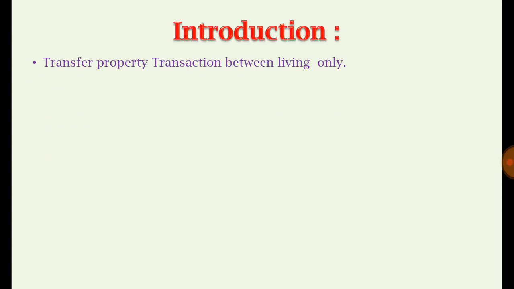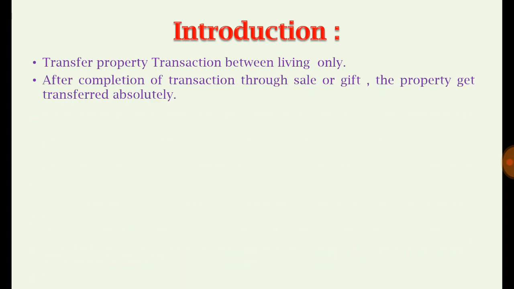Friends, we know the transfer of property is nothing but a transaction between two living persons for transfer of property. After completion of such a transaction, the property gets transferred from transferor to transferee, and then the transferee becomes absolute owner of the property.